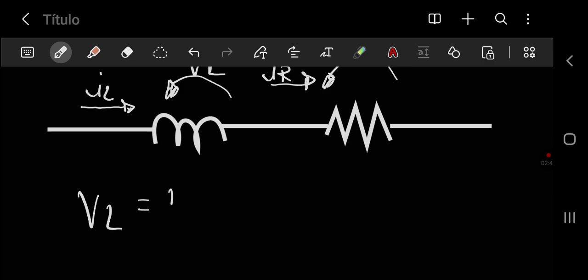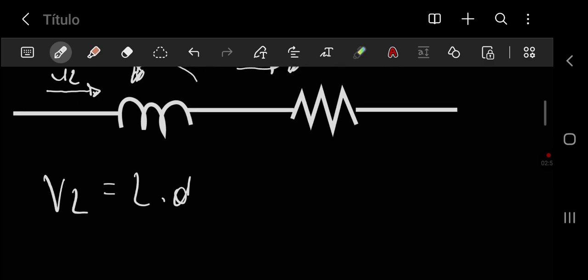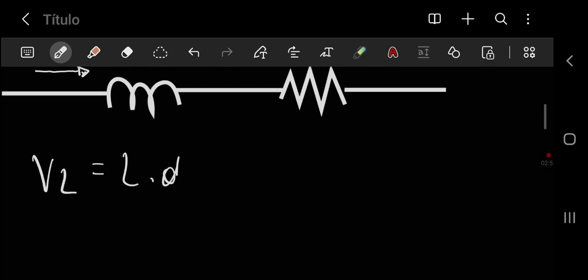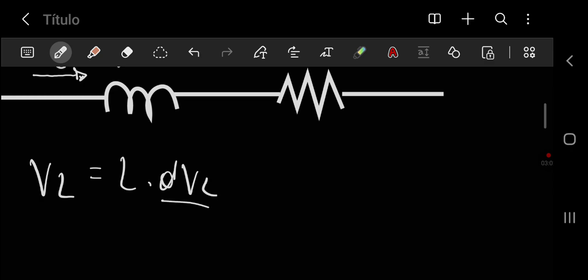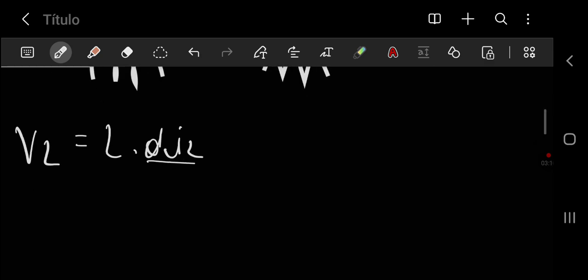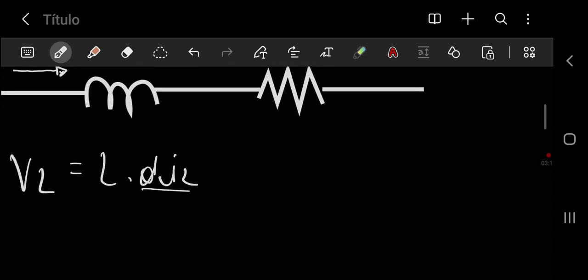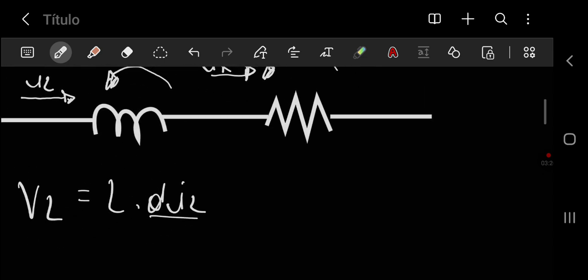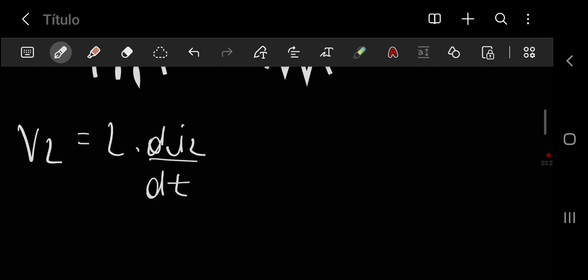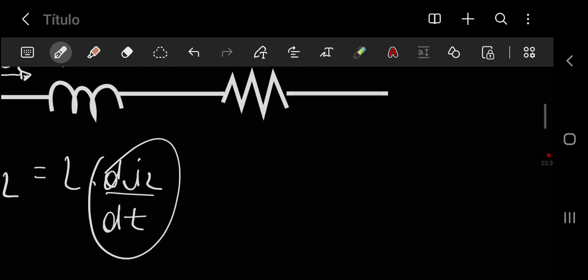And you already know that VL is equal to the value of L, the inductor, times the derivative of IL with respect to time, and this is the rate of change of the current across the inductor.